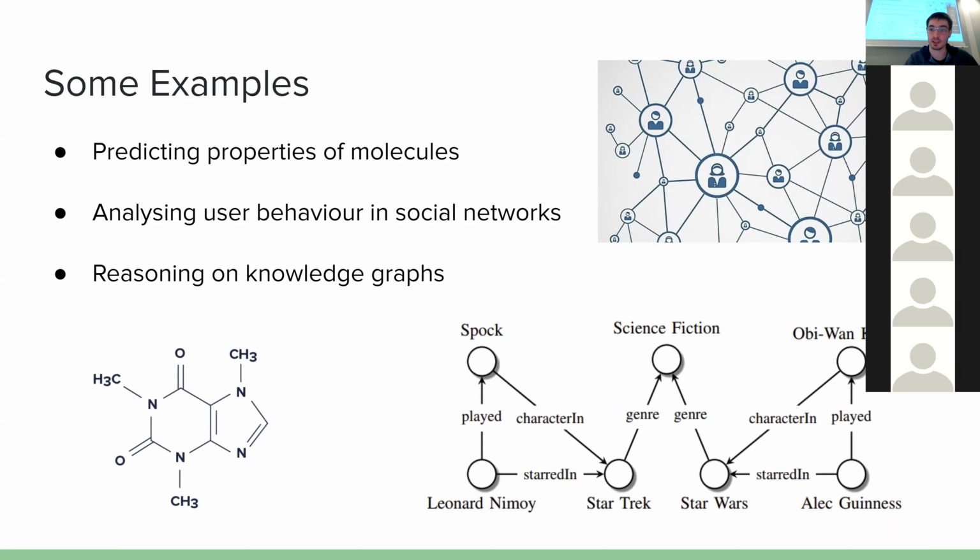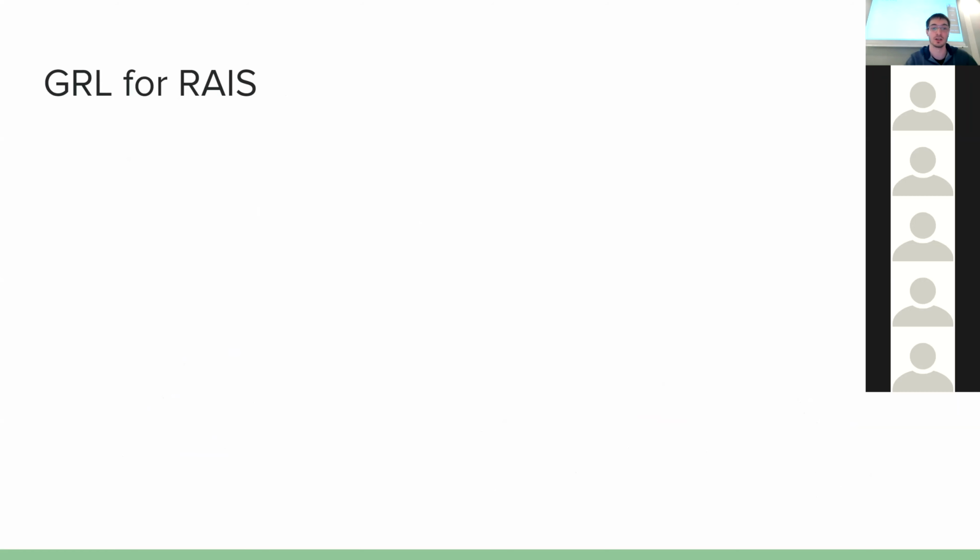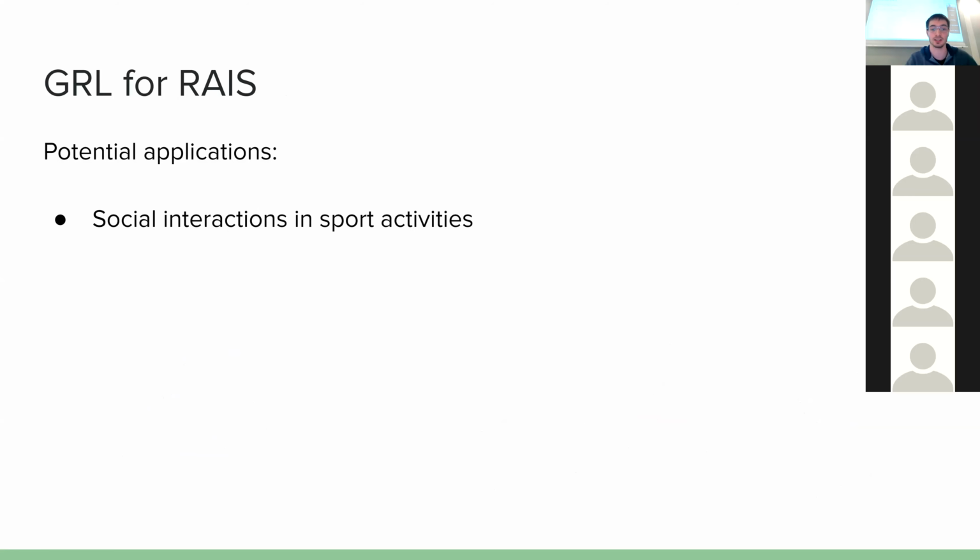And then, of course, I was thinking recently, how can we apply this for our project? And there are different potential applications. So, for example, we might be interested in seeing how social interactions affect sport activities. For example, how my behavior when I go training at the gym is influenced by the people I interact with at the gym, whether I am motivated by them or whether I am not, and whether I try to mirror them or not in my training.